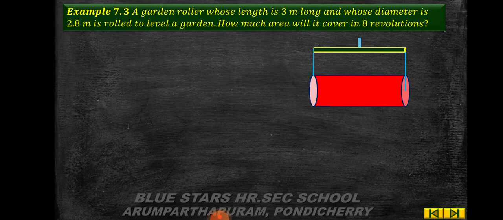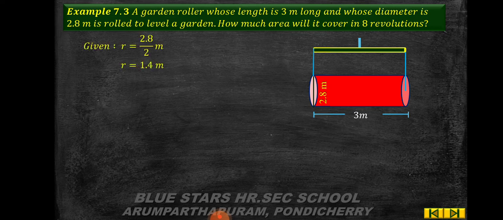Next one is example 7.3. A garden roller whose length is 3 meter long and whose diameter is 2.8 meter is rolled to level a garden. How much area will it cover in 8 revolutions? The roller diameter is 2.8 meter and its length is 3 meter.